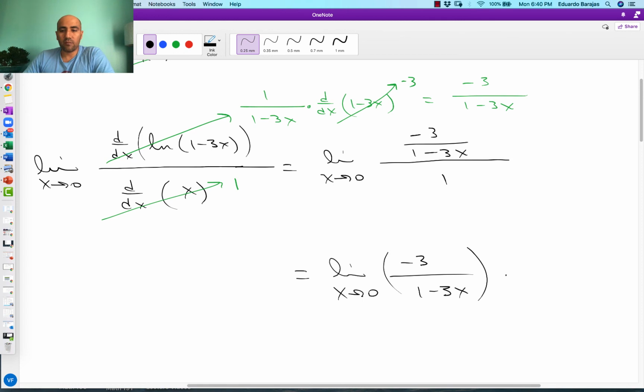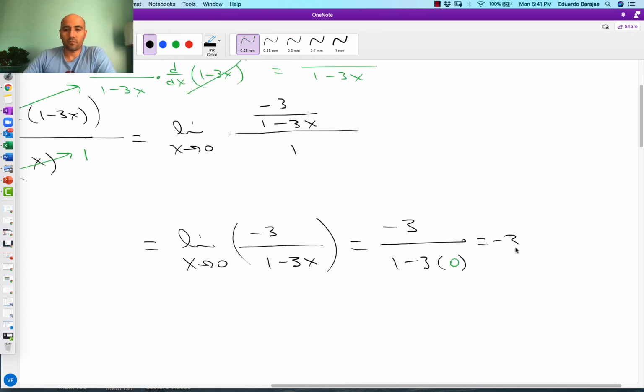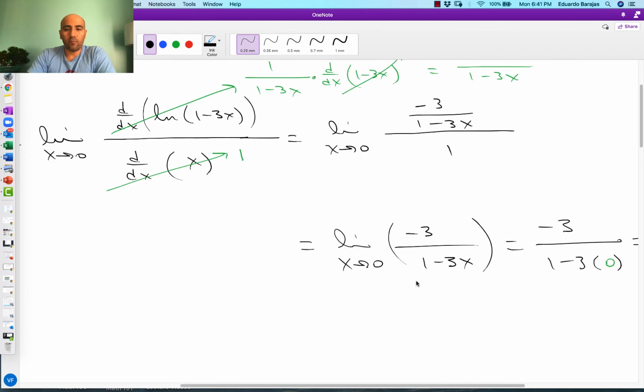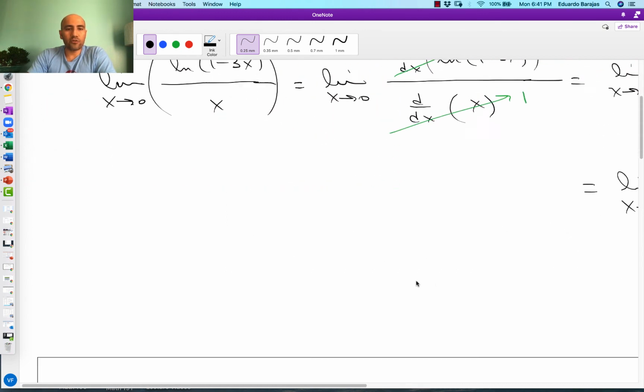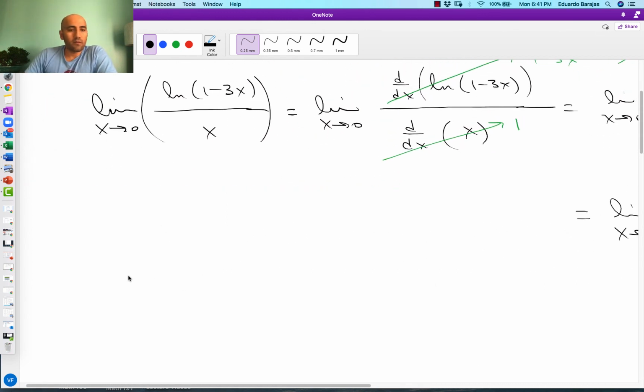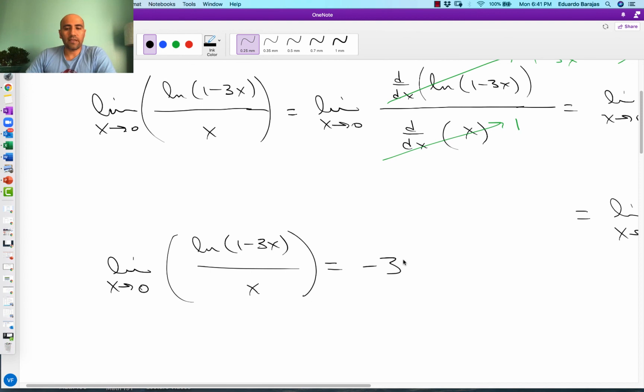So this is just going to be equal to negative 3 divided by 1 minus 3 times 0, and then this just becomes negative 3. Okay, so we bring it all together and say that the original limit we were interested in, the limit as x approaches 0 of ln of 1 minus 3x divided by x, is equal to negative 3.